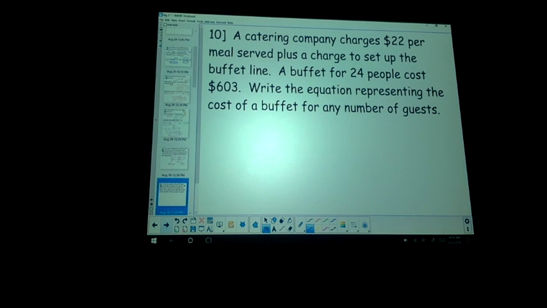Yeah. Sorry. A catering company charges $22 per meal served with a charge to set up the buffet line. The buffet for 24 people costs $603. So this means that they're going to charge 22x plus a charge to set up the buffet line.